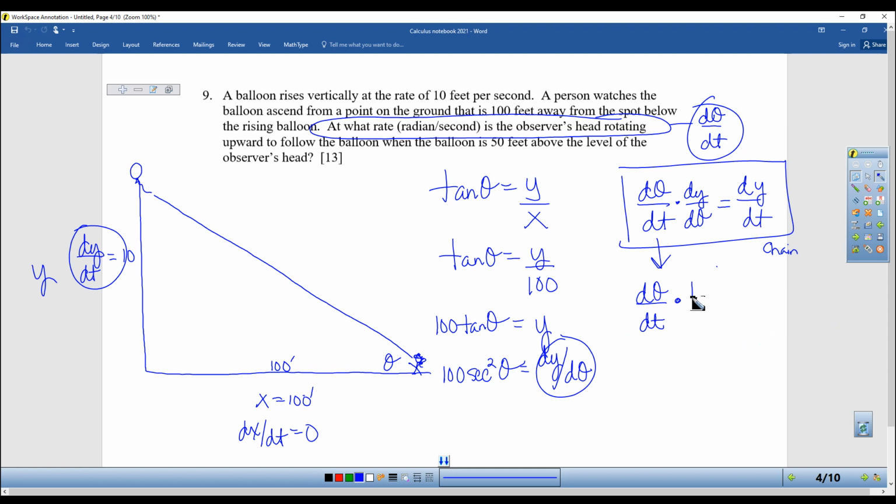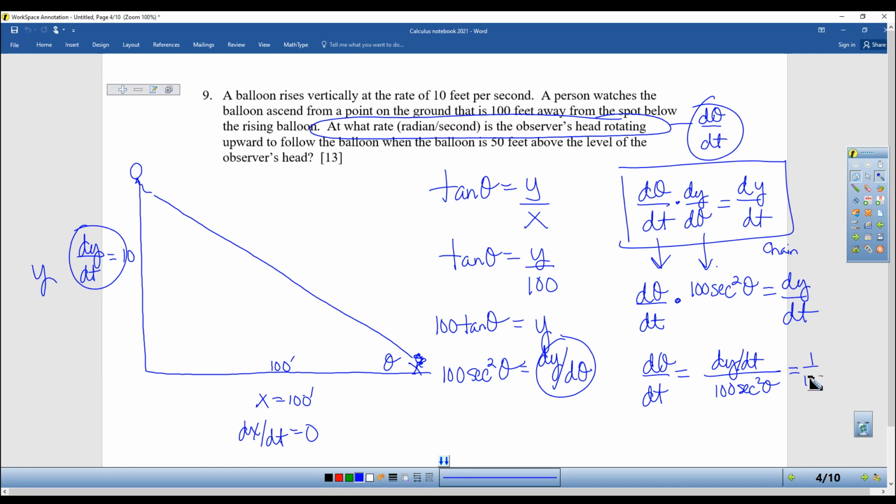Times dy d theta, which is 100 secant squared theta, is equal to dy dt. So I can say d theta dt is equal to dy dt, whatever that is, divided by 100 secant squared theta, which I am personally going to simplify a little bit.